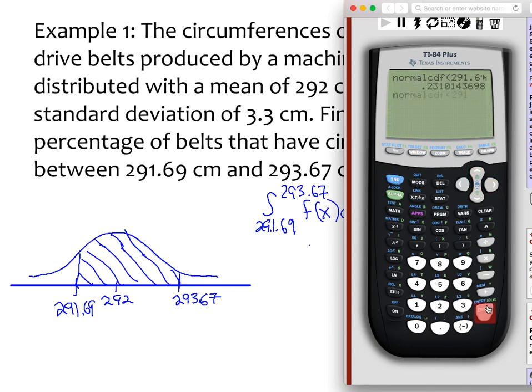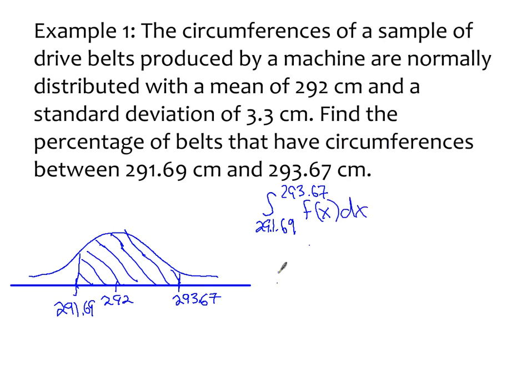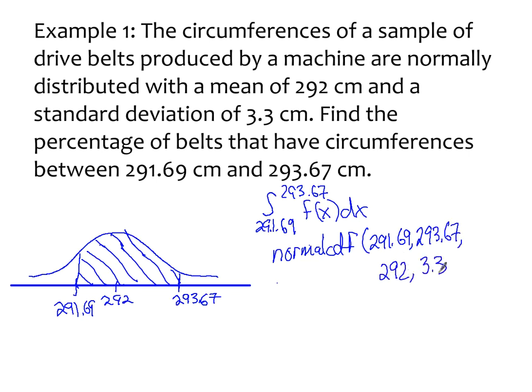So this is normalcdf(291.69, 293.67, 292, 3.3), and this is about 0.231, about 23.1%. That's pretty much your most basic normal problem.